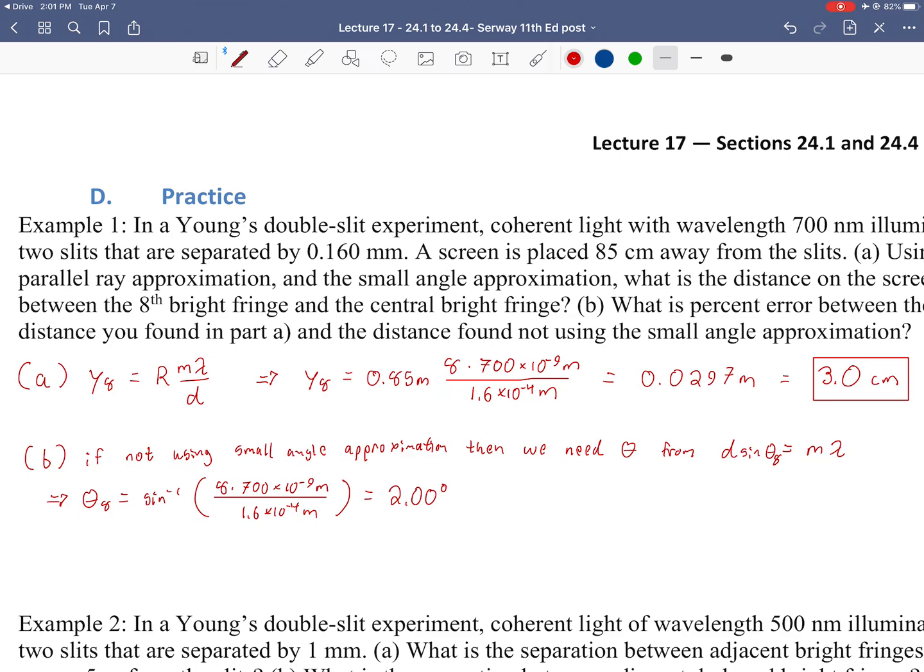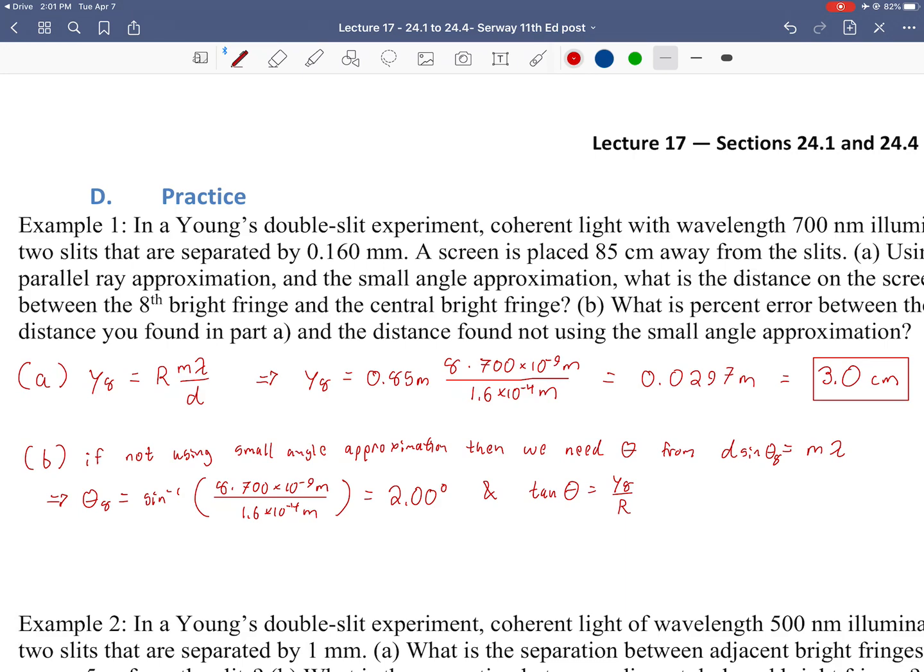When we take that inverse sine function, we get 2 degrees. I'll write out the 3 sig figs, though we won't be using all of it. Then we need to set up our tangent formula: tangent of that same angle is going to be equal to y8 over r.